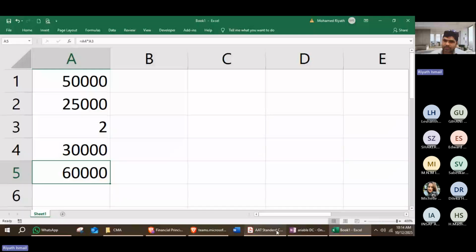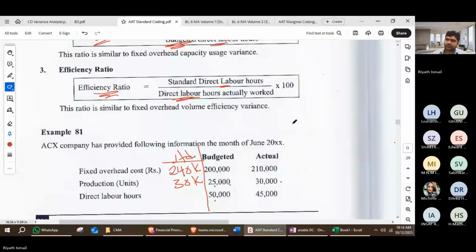It should be 60,000 hours. So see the differences: budgeted 50,000, standard 60,000, and actual.